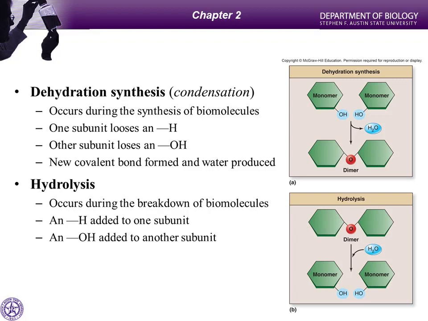But what is produced in the process? A molecule of water is liberated. You take a hydrogen from one and you take a hydroxyl, an OH group from the other. You release a molecule of water and you join them together. This is referred to as a dehydration reaction, or you can also call this a condensation reaction.